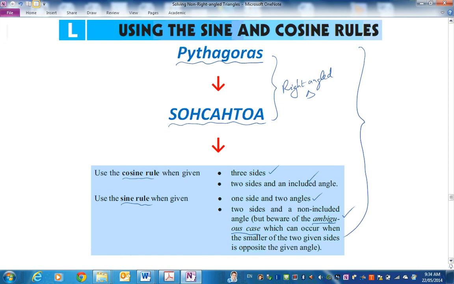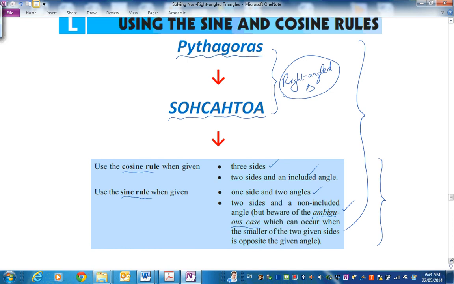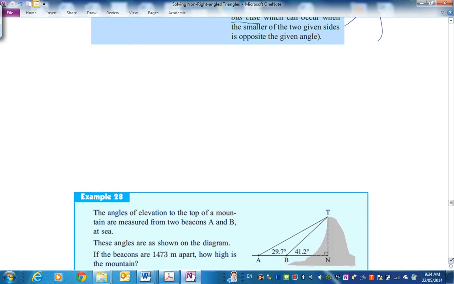Or in other words, one of the other sides, or one of the other angles could be the biggest one. Okay, so go through and think about what you've got and which rule you choose, but try to use right-angled triangles in the figure, because the SOHCAHTOA approach from Pythagoras is easier than these 2 rules to apply, isn't it? All right, come down now and let's have a look at some problems.